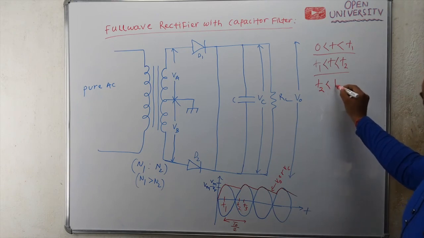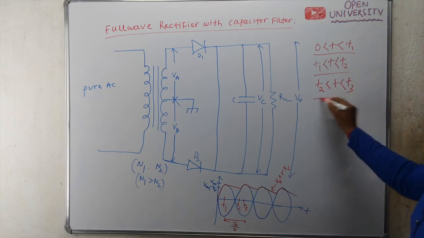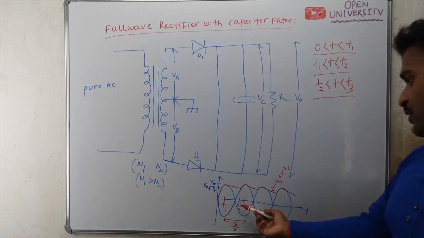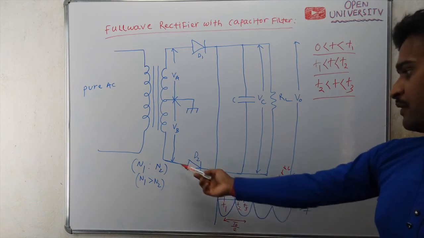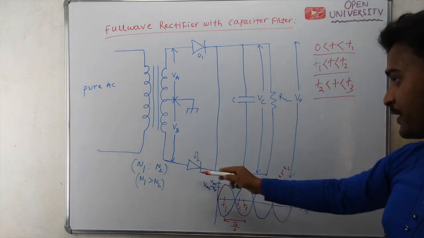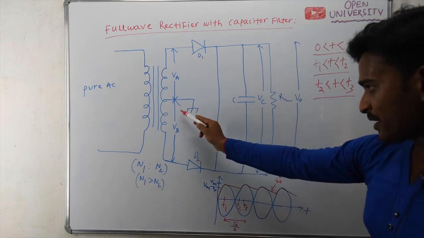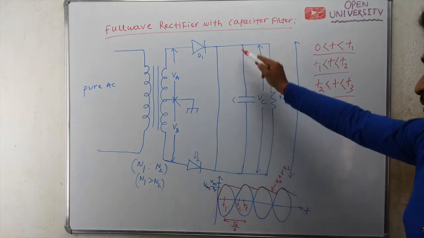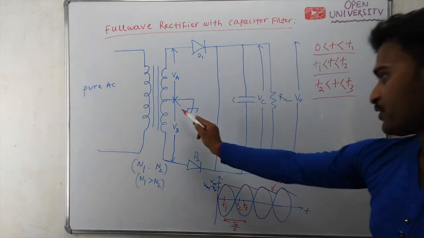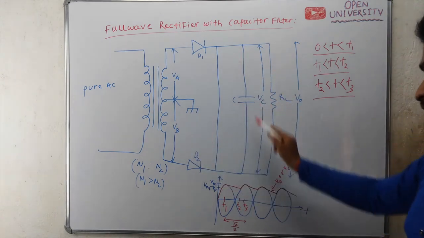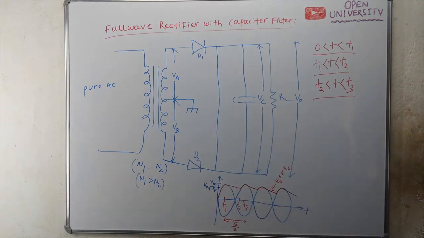In t2 to t3, the capacitor will again charge through the diode D2 because D2 becomes forward biased. So this process will continue.